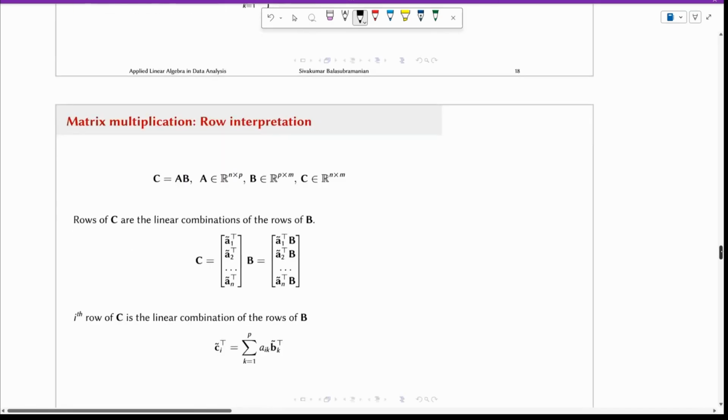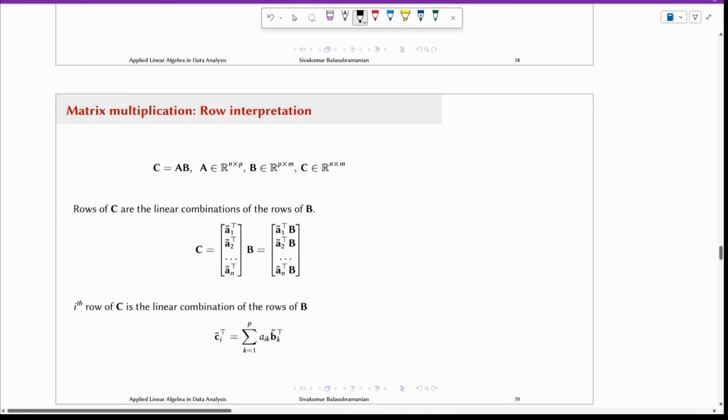If that is the case, then you already know what I'm going to say next. In the row interpretation, we have AB, we leave B as it is, but we represent A in terms of its rows.